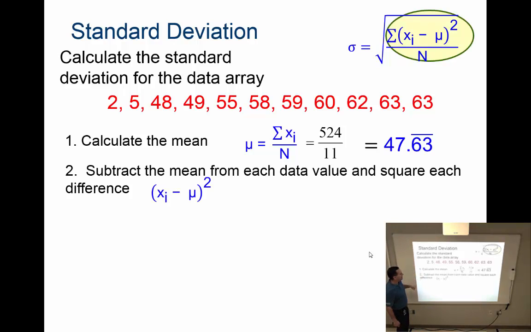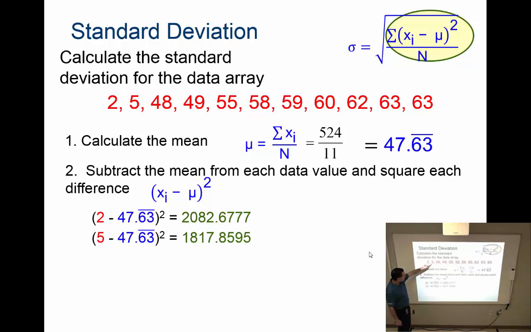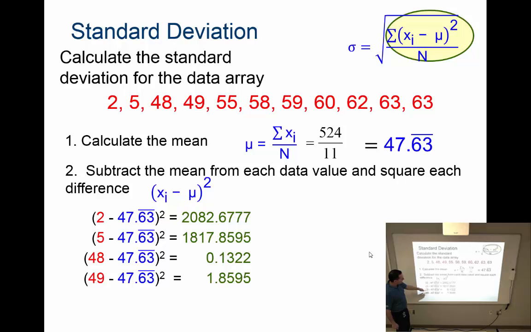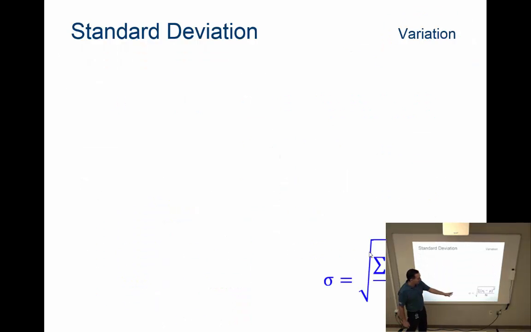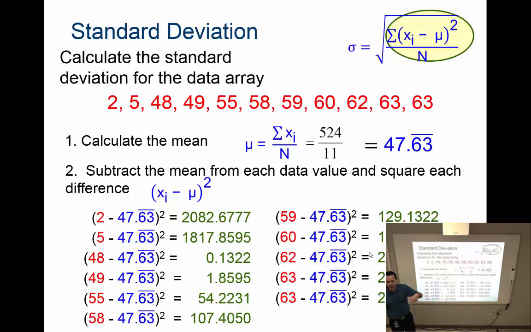Subtract the mean from each data value and square the difference. So I'm taking 47.63, subtracting that from 2, and squaring that answer. And I'll do the same thing for 5, 48, all of the values within my data set. Again, now we're getting lots of decimals. We're not rounding those till we get to the very end.